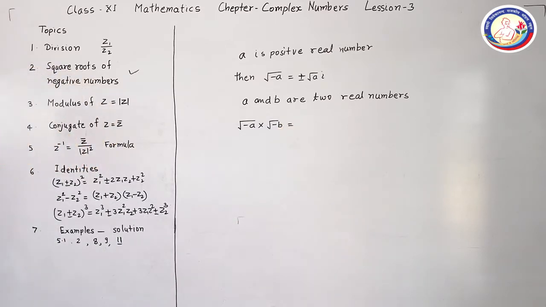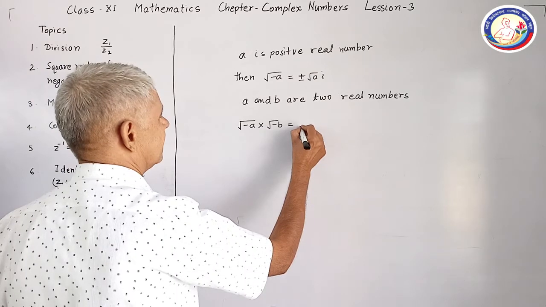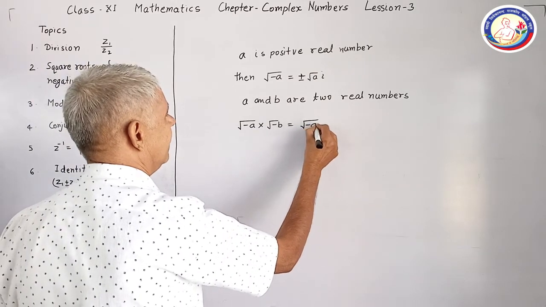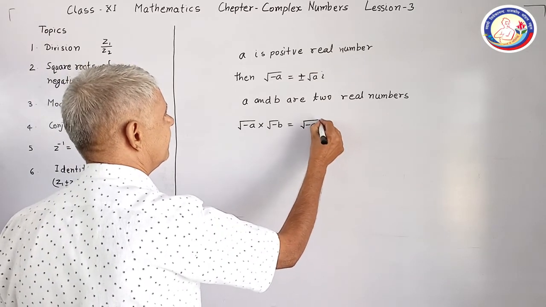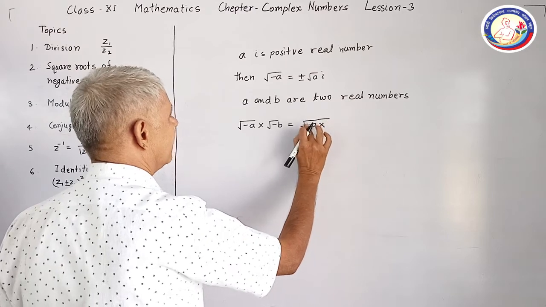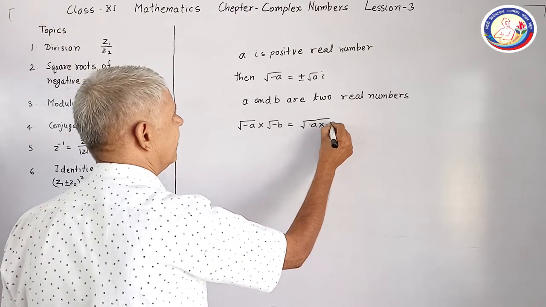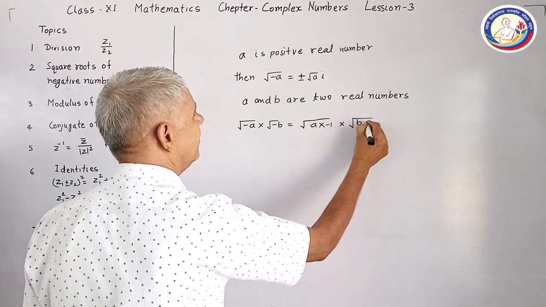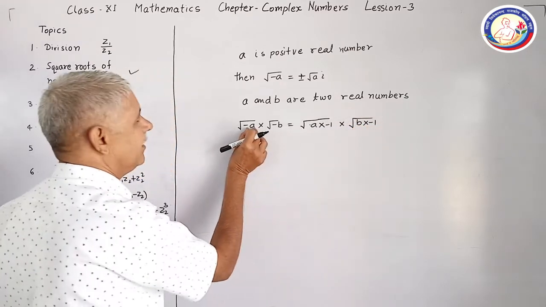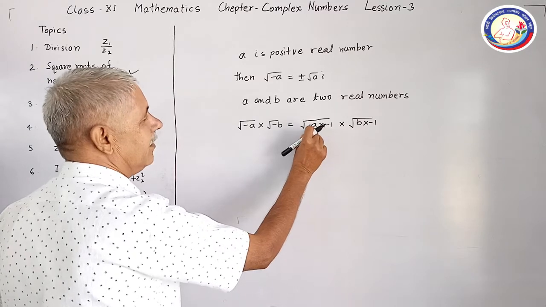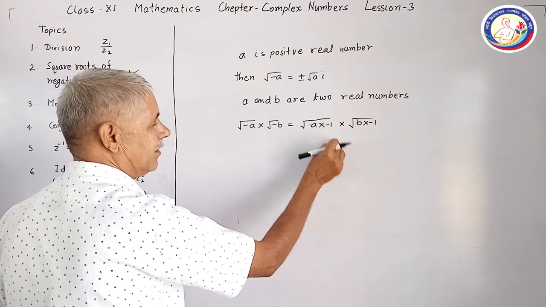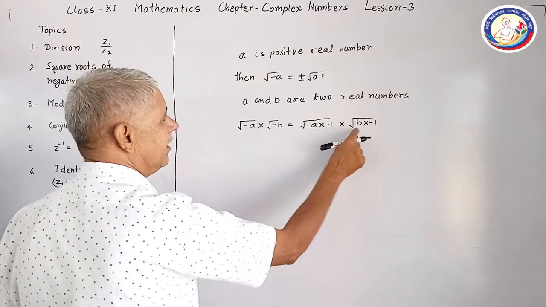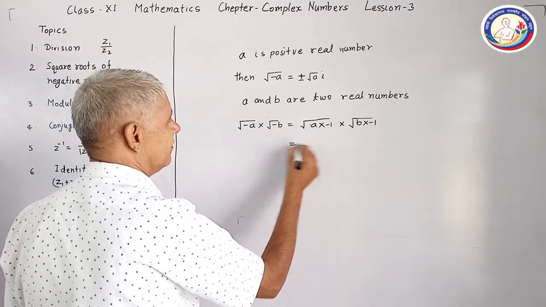This will be square root of minus a into square root of minus b. We can write minus a as the product of a and minus 1, and again minus b as b and minus 1.